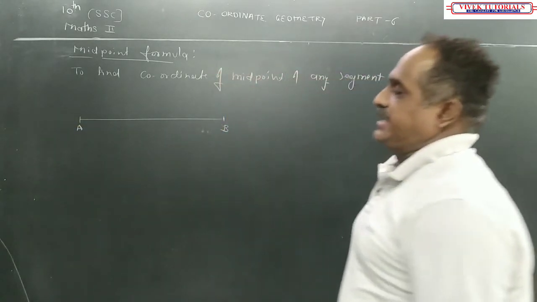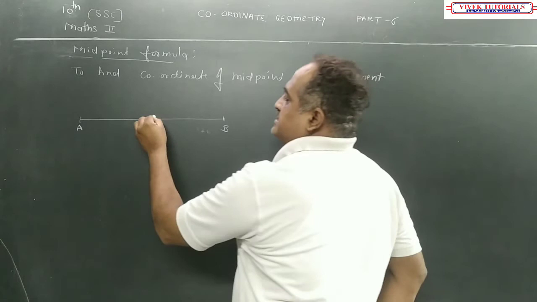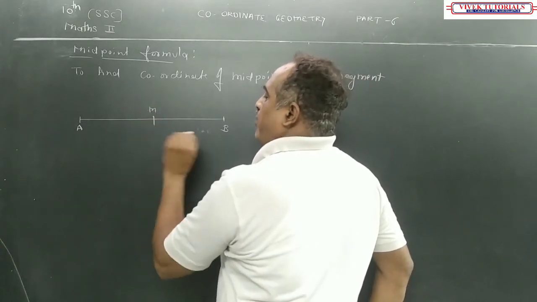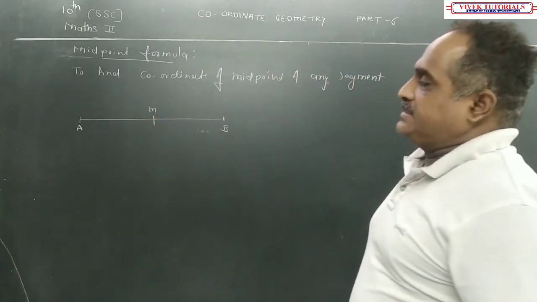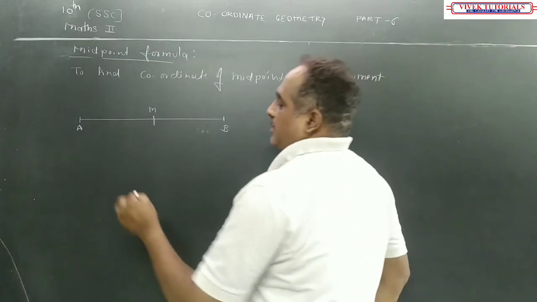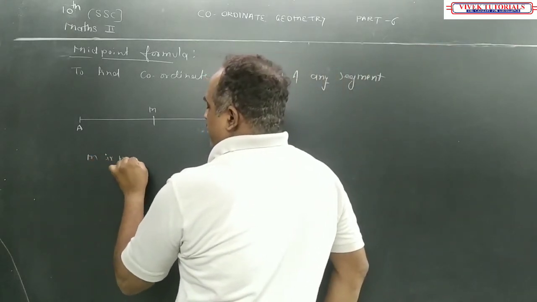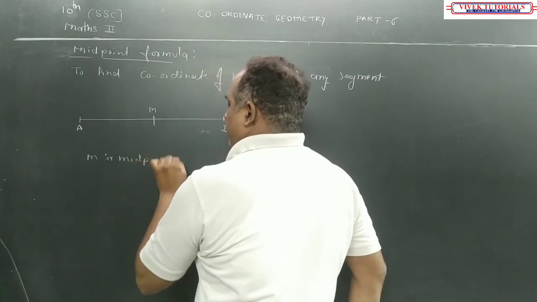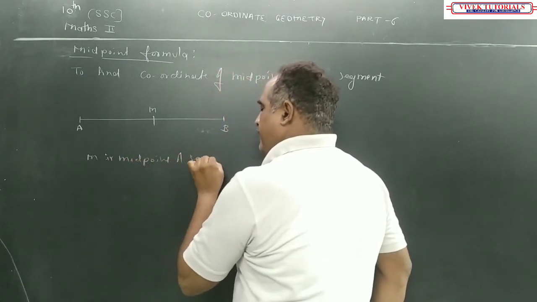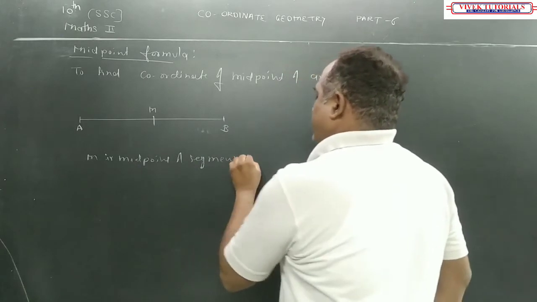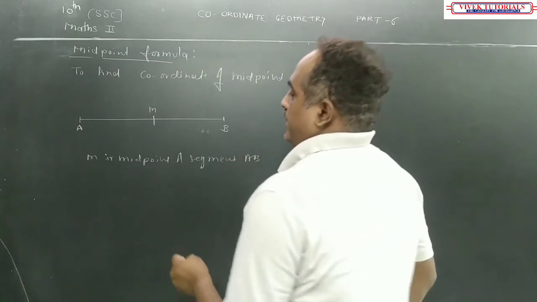AB is a segment and M is the midpoint of segment AB, okay?